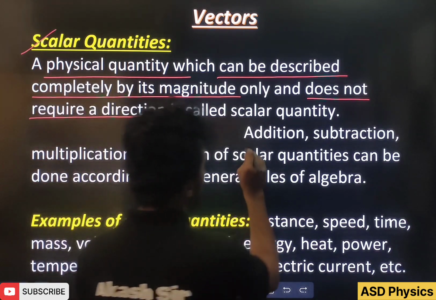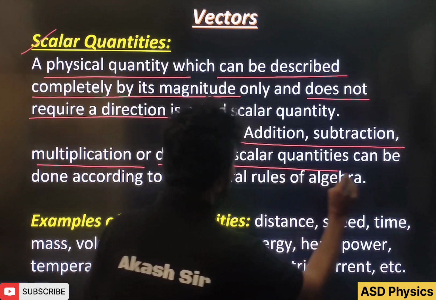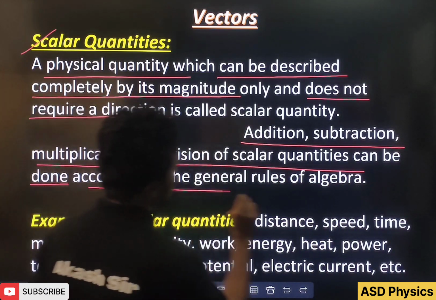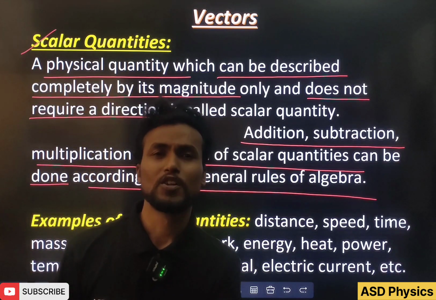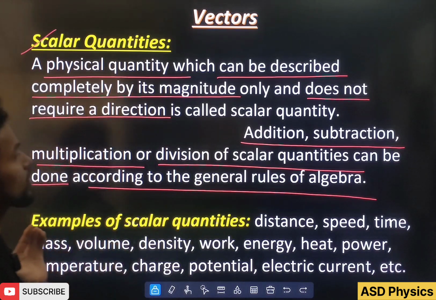After that, addition, subtraction, multiplication or division of scalar quantities can be done according to the general rules of algebra. Whatever we know, like 2 plus 2 is 4, 2 into 2 is 4, 6 by 2 is 3, general rules will be applicable for scalar quantities.